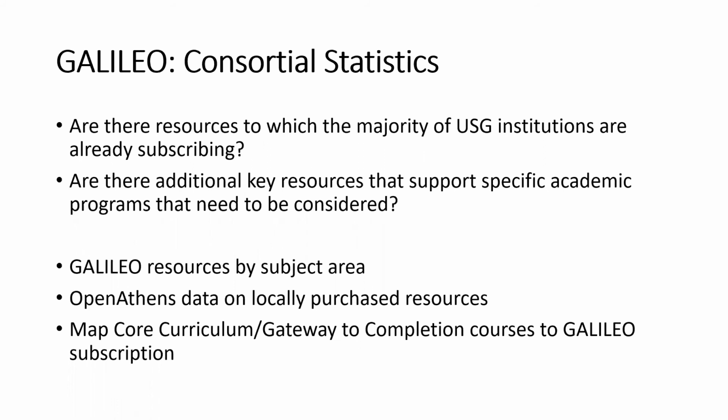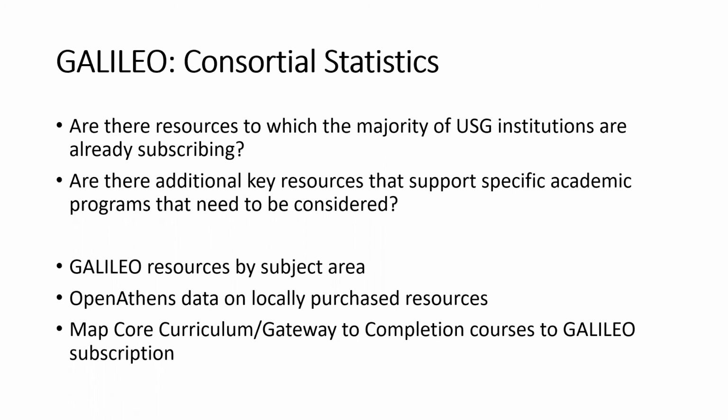So John has also done some looking at things by Galileo resources by subject area, certainly looking at the data on locally purchased resources. Again, we activate all resources, not just Galileo resources, for use with OpenAthens. So when we update your locally purchased resources, it gives John a good data stream to see what other resources are being used out there and how they're being used.